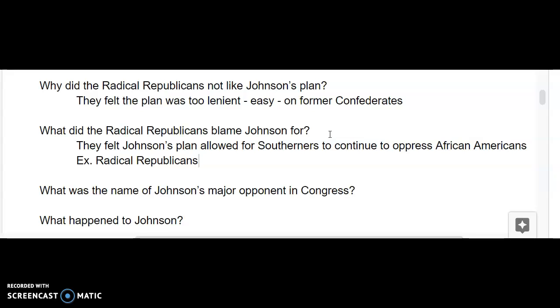And black codes were laws that restricted African Americans' freedoms. So these slaves that are now free are being limited by the black codes. And the radical Republicans look to President Johnson and say, hey, that's your fault because your Reconstruction plan was way too lenient. It was not tough enough. So radical Republicans blame Johnson for black codes, as an example.